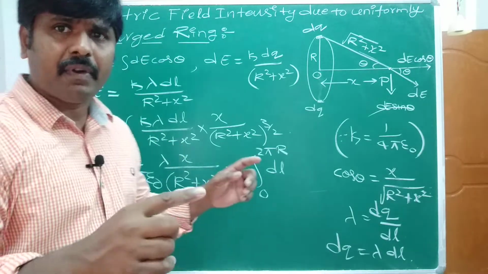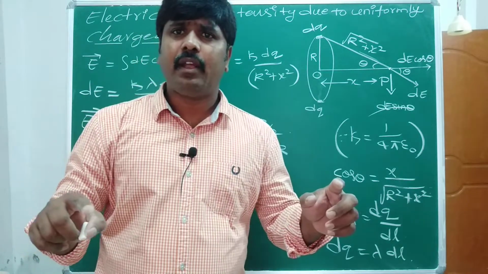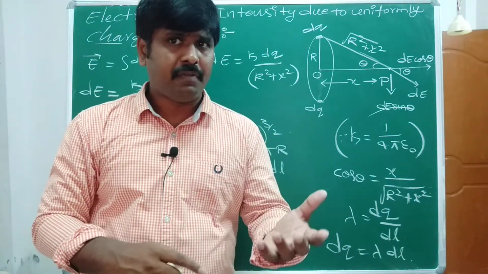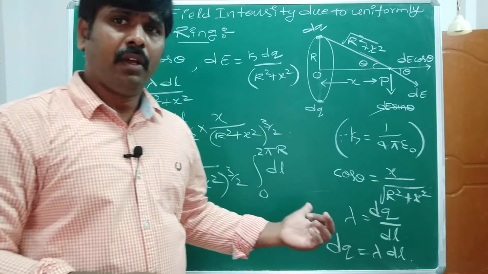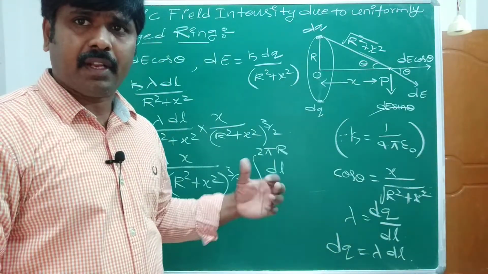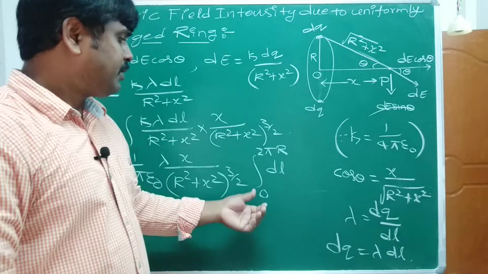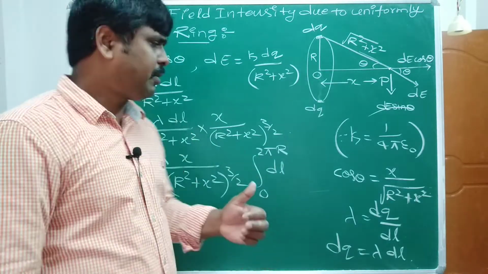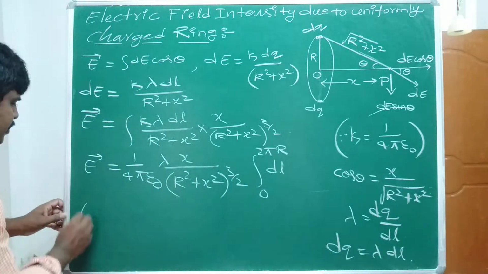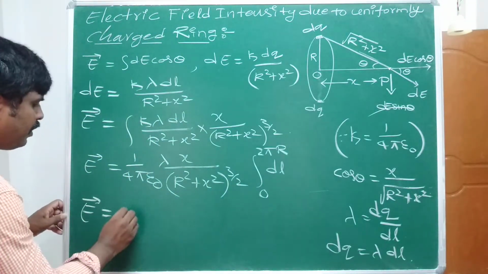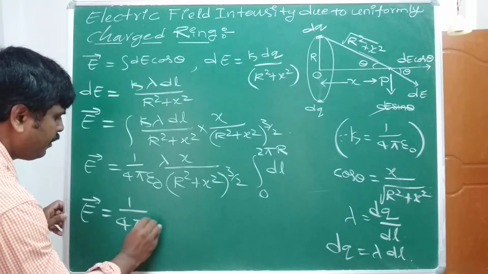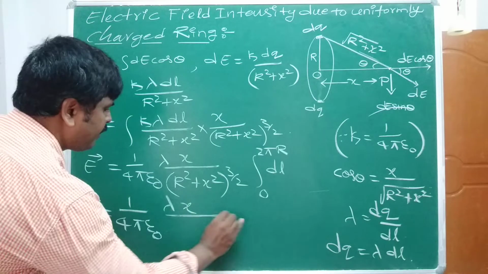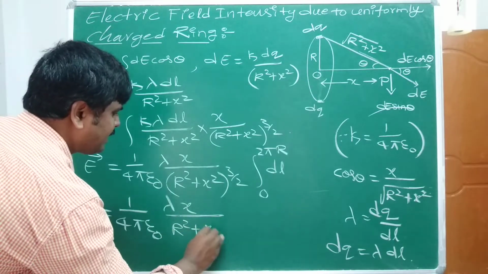L is the length of the wire bent in the form of a circle of radius r. So the circumference is equal to the length of the wire, only for the ring formation. So the limits are taken from 0 to 2 pi r. So the resultant equation is E bar equal to 1 divided by 4 pi epsilon naught lambda into x divided by r square plus x square.